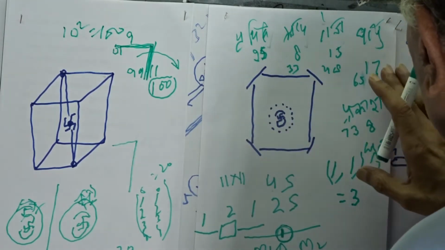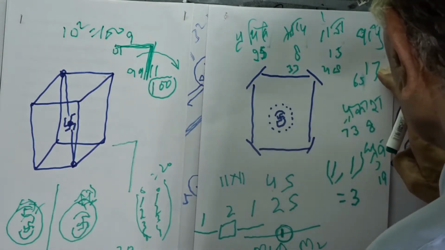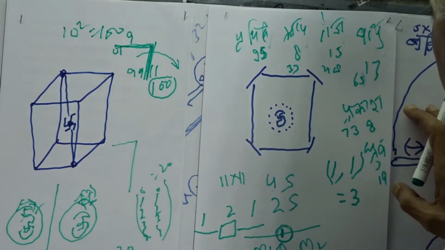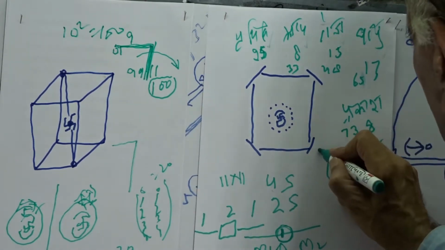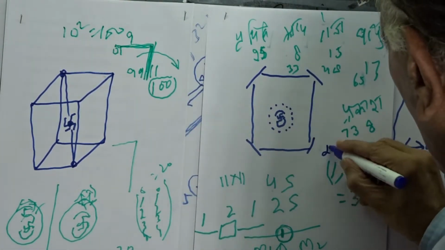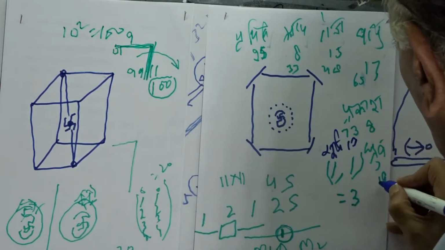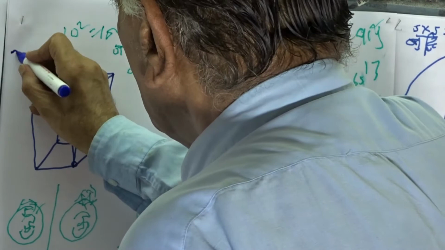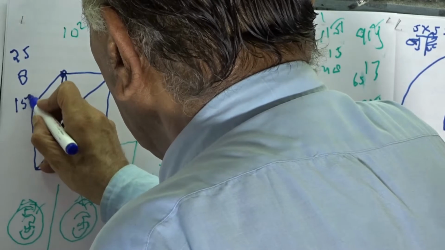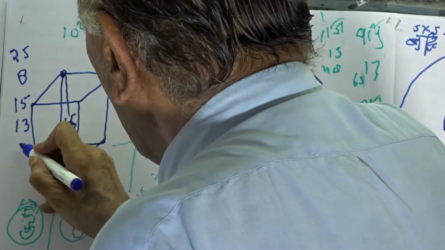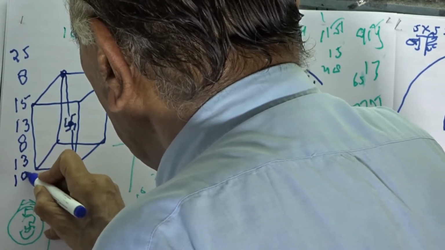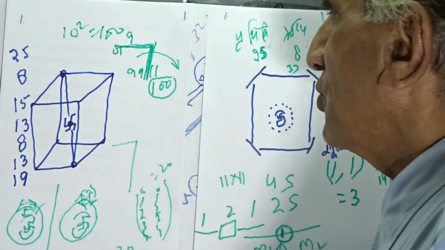plus Vayu is 13, it becomes 61, and Akash is 8, it becomes 69, and then there is Surya which is of value 13, and Dhruv is 19. So let us see, Prithvi is 25, Apa is 8, Tej is 15, Vayu is 13, Akash is 8, Surya is 13, and Dhruv is 19.